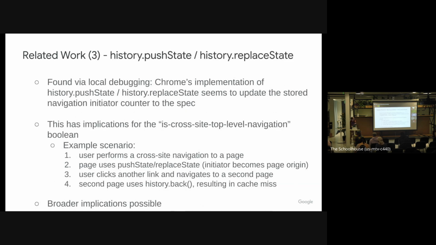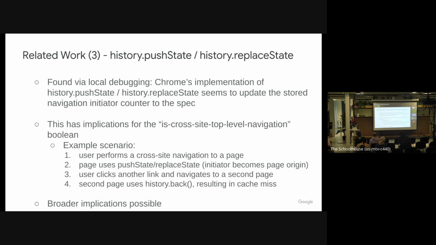And then one final thing is, while we were implementing this and testing, we found that Chrome's implementation of the history.pushState and history.replaceState APIs reset the navigation initiator in certain instances, which is counter to the spec and is something we might want to address. So a scenario where this comes into play with the HTTP cache is where a user performs a cross-site navigation.